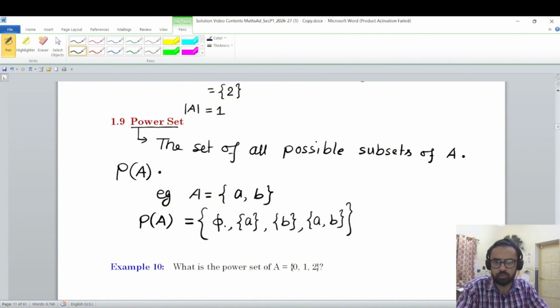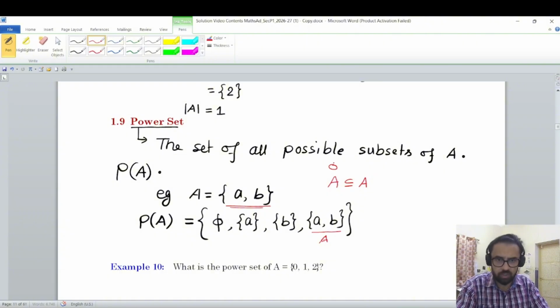So how to write the power set of A? Always phi is a subset of any set. So phi will be an element of the power set. Then taking one at a time, all the possible options, then taking two at a time, all the possible options, then taking three at a time, all the possible options, and at last you can see this is actually nothing but your A, the set A. Okay, the complete set, because we know any set A is always a subset of itself.